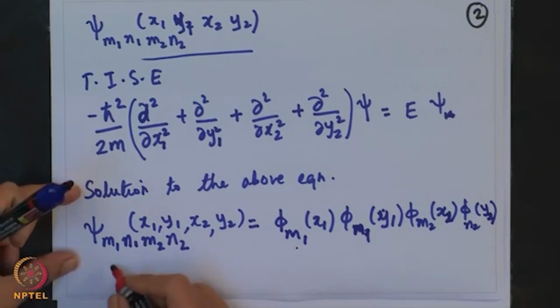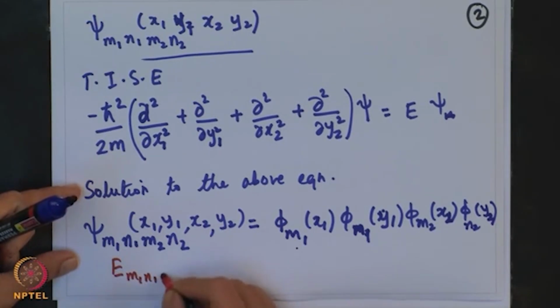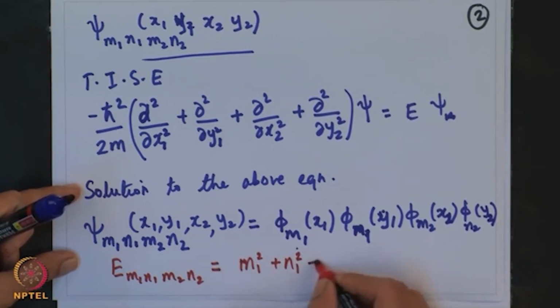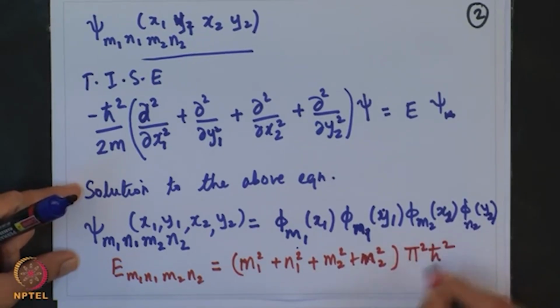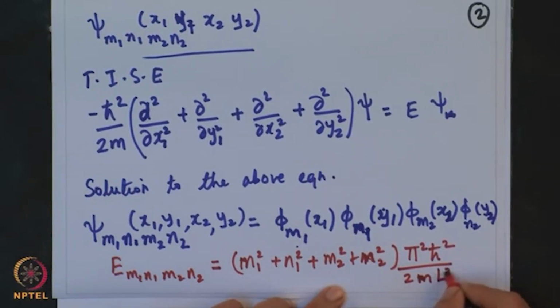And the energy E m1 n1 m2 n2 will be equal to m1 square plus n1 square plus m2 square plus n2 square times pi square h cross square upon 2m L square.